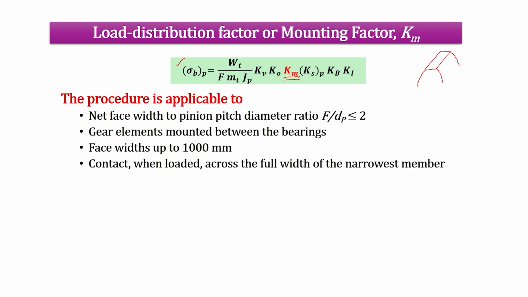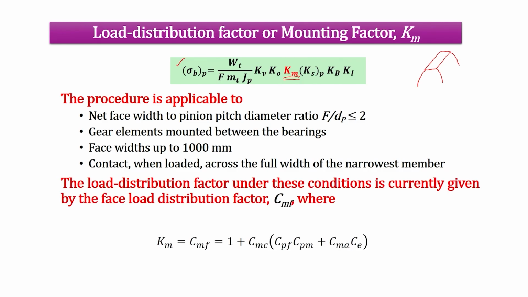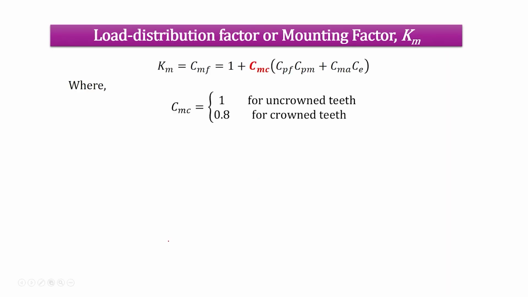The procedure is applicable to the following case, and we are going to use it. The load distribution factor is given by this formula, and in this formula a number of factors are there. So, one by one we are going to determine all these factors to get the value of Km.